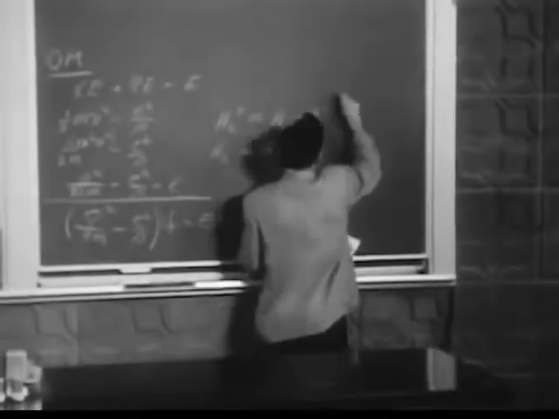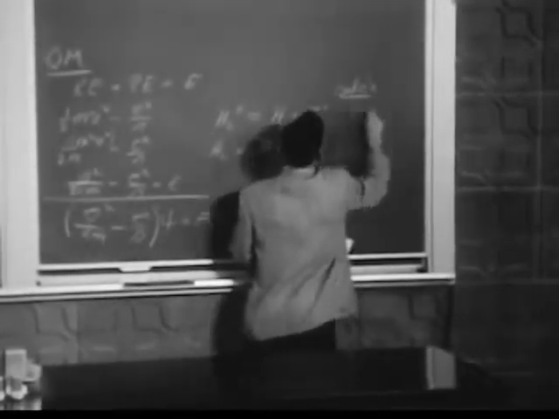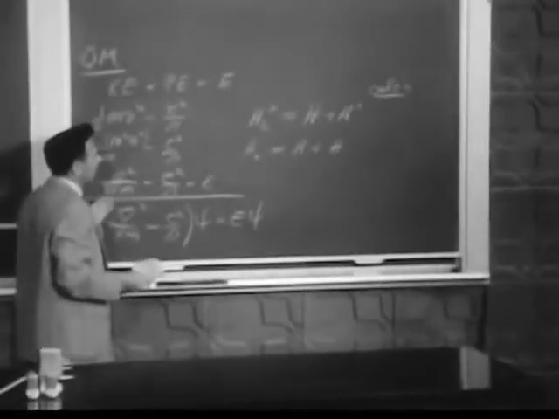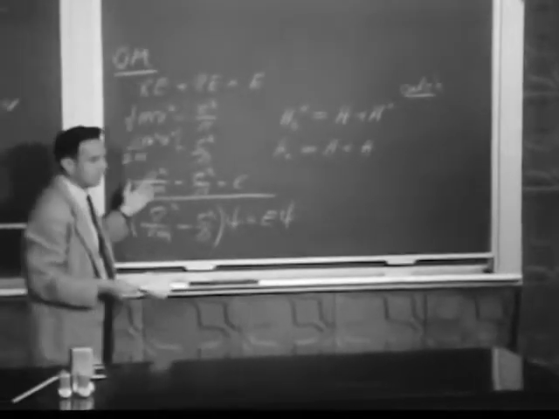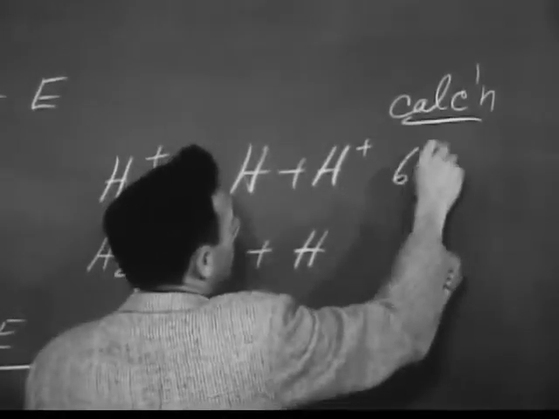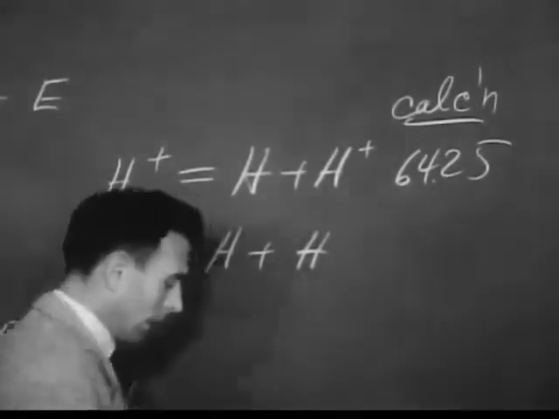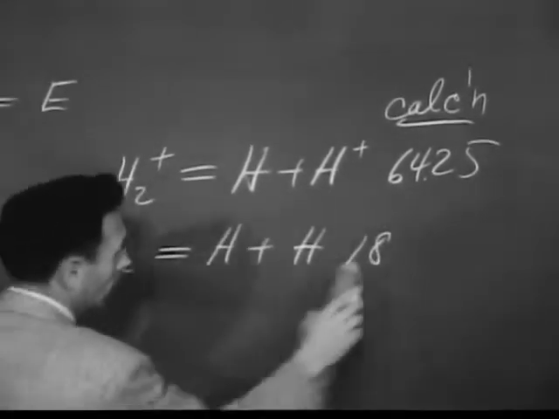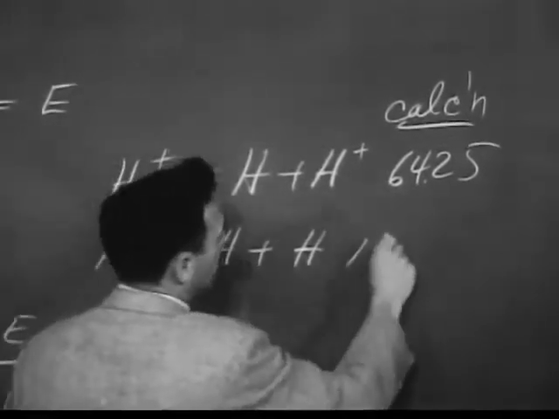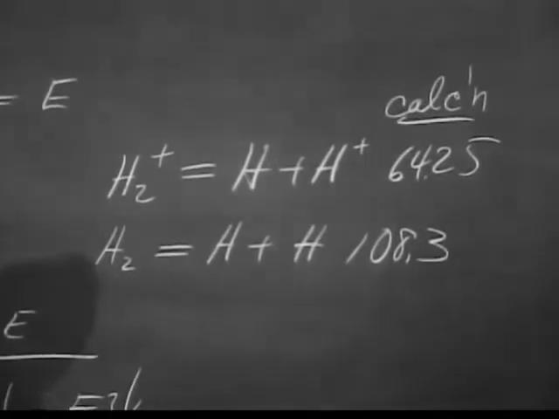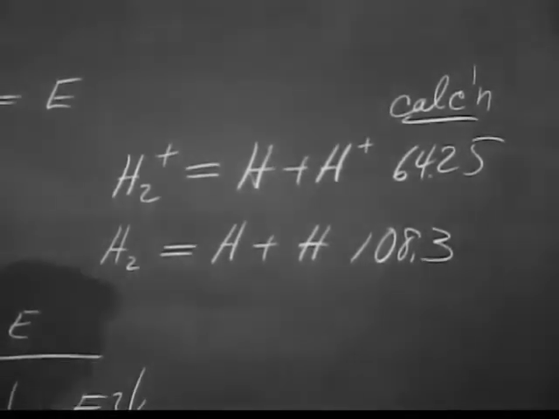And the calculations, based upon this same model that I've talked about, the quantum mechanical model, but now including 2 nuclei and 1 or 2 electrons, give us 64.25 kilocalories, 108.3 kilocalories for the calculated bond energies.